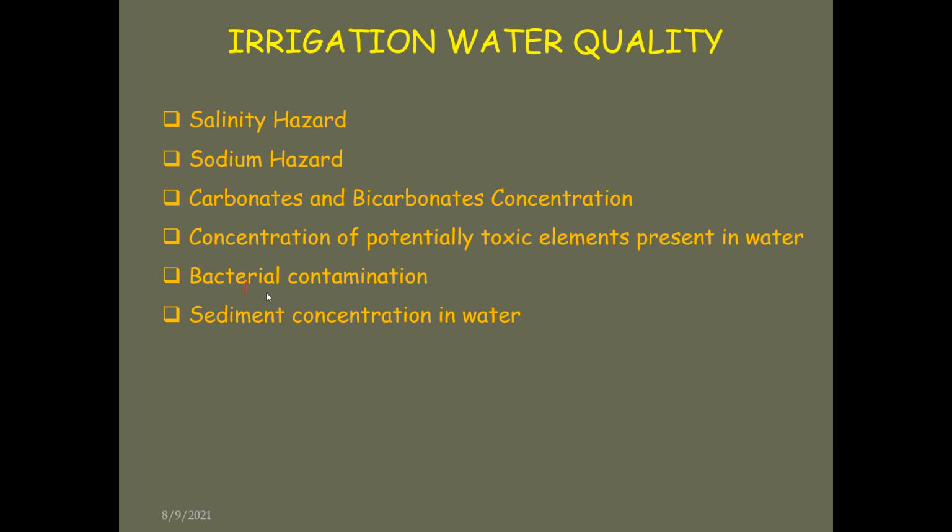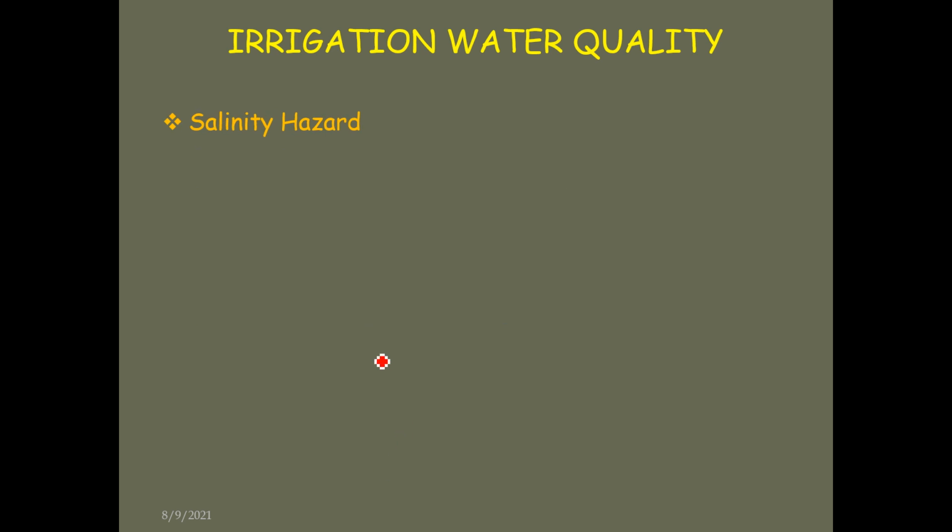Starting with the salinity hazard: in the irrigation water, salts of calcium, magnesium, sodium, and potassium may be present.